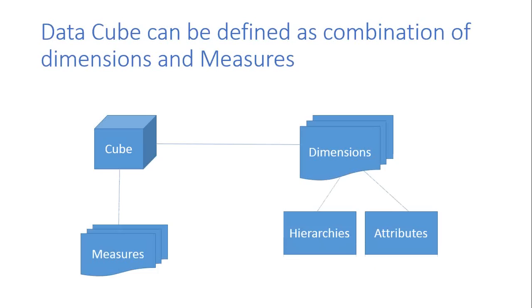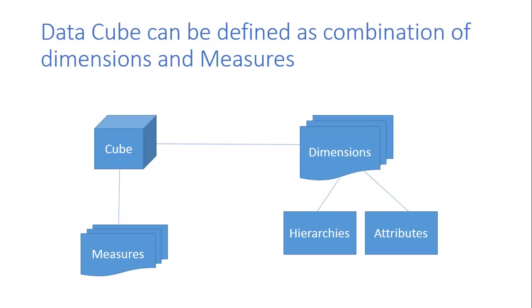Dimensions consist of attributes, and attributes can be organized into hierarchies. For example, if I say year is a dimension, year has attributes like months. Or let's say a student is a dimension, or employee is a dimension. They have different attributes like date of birth, address, gender, physical attributes, which location I come from, what my educational background is, and so on and so forth.